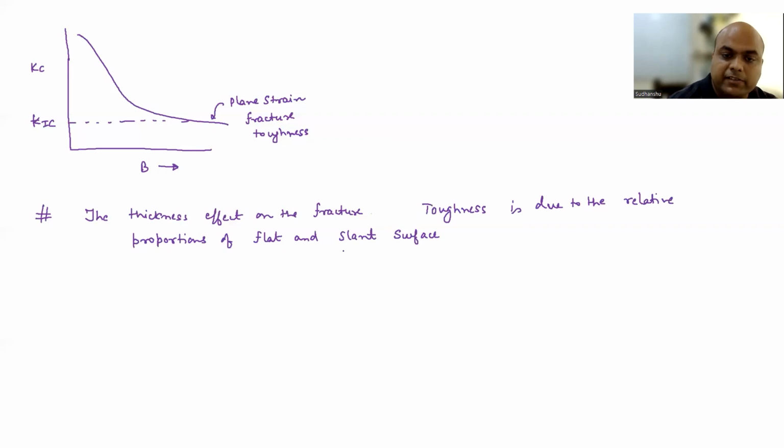And you will see in many books shear fractures. Slant surfaces will be called shear fracture. Okay, so you are going to have a flat fracture region and then shear fracture, which is the slant surface. So depending upon the relative proportion, you are going to see that effect on the fracture toughness.